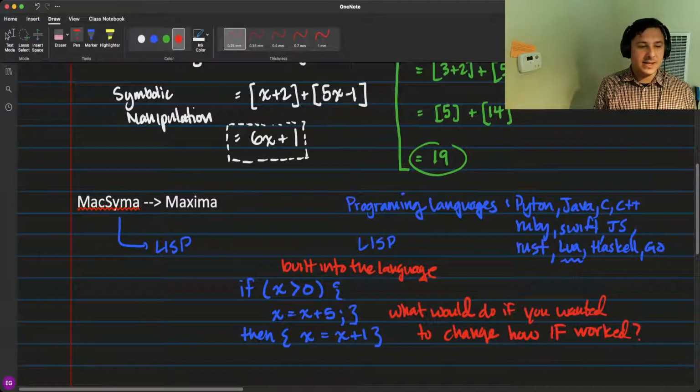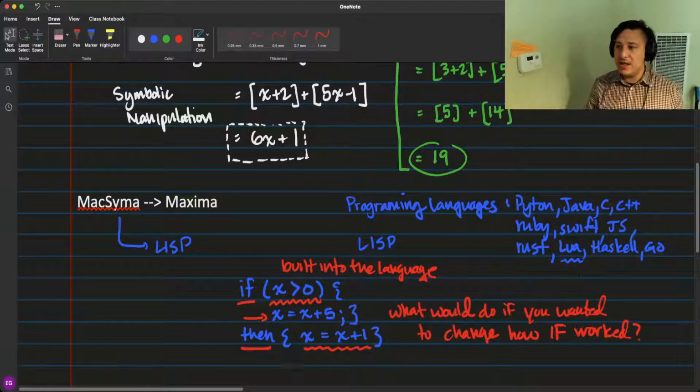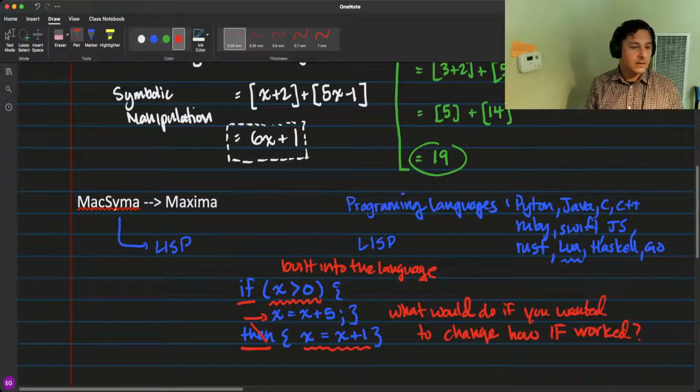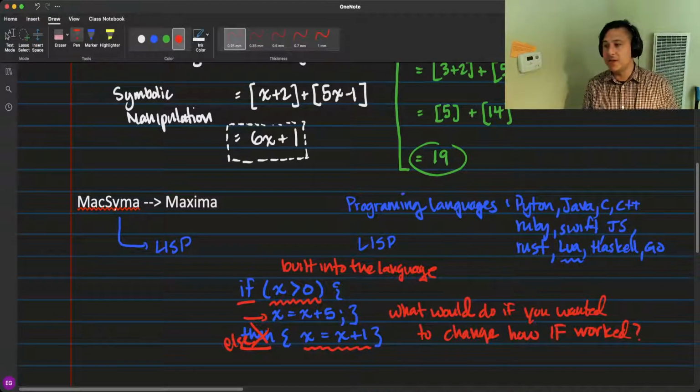The way it works is they've set it up so that you have to say if, and then you tell it the condition, and then something to do, and then there's an else, and then you tell it something to do. What if you wanted to change how it worked? What if you wanted to say that there were 2 elses? Or if you wanted to do all sorts of other weird things. My bad, this should be else. What if you wanted to change how that worked?